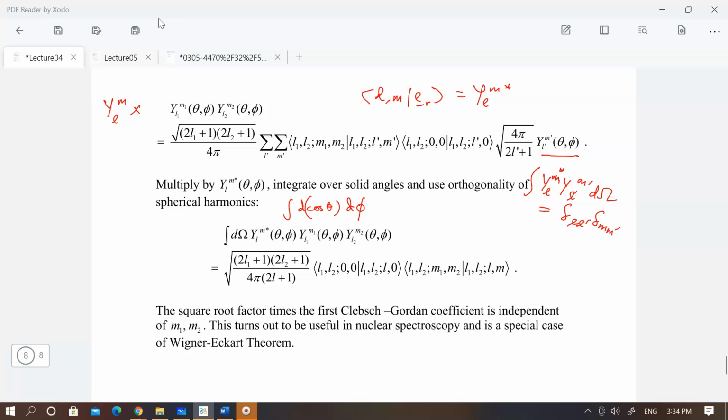So that gets rid of that spherical harmonics, and then what you have is an integral over three factors of spherical harmonics. Two of them are from the uncoupled representation, and one is from the coupled representation, and these are given in terms of these factors. This factor is essentially a Clebsch-Gordan coefficient, but now you can see that you actually get rid of M to be equal to 0.